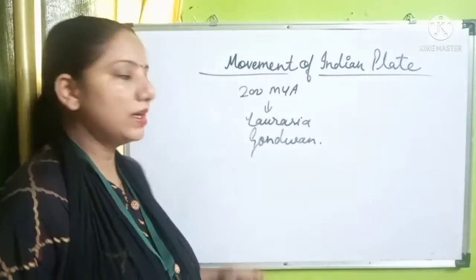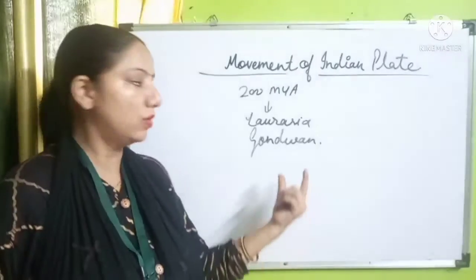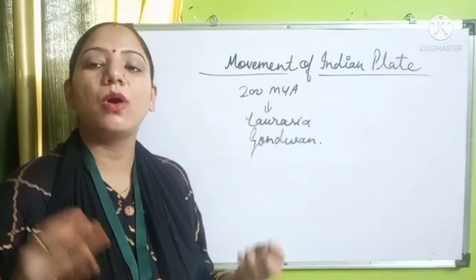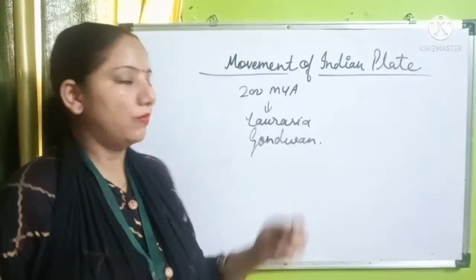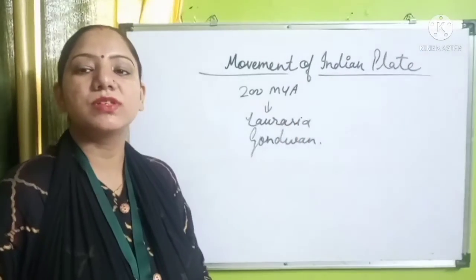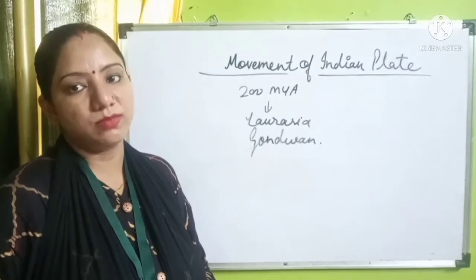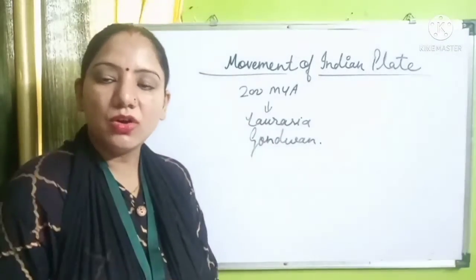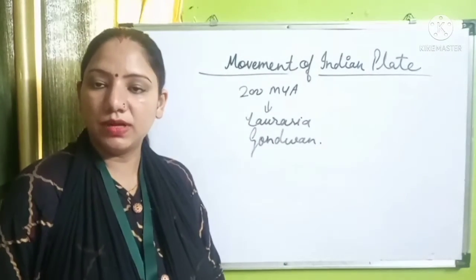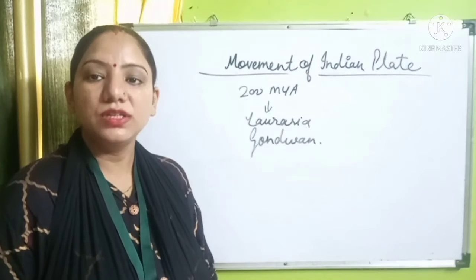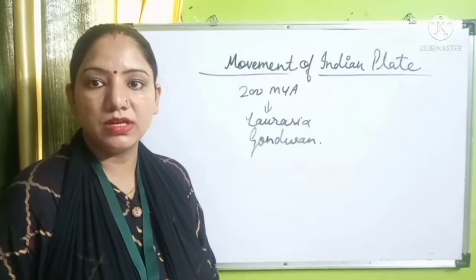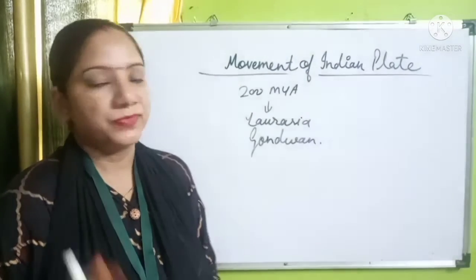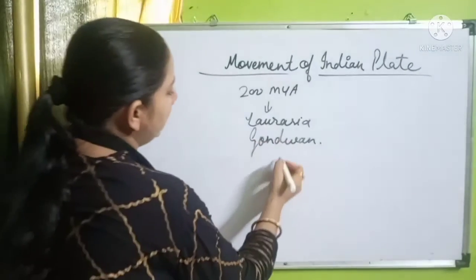Gondwana was a mixture of several plates, whereas Laurasia was a mixture of the Eurasian and North American plates. Gondwana was a mixture of the South American plate, African plate, Indian plate, Australian plate and also the New Zealand plate.